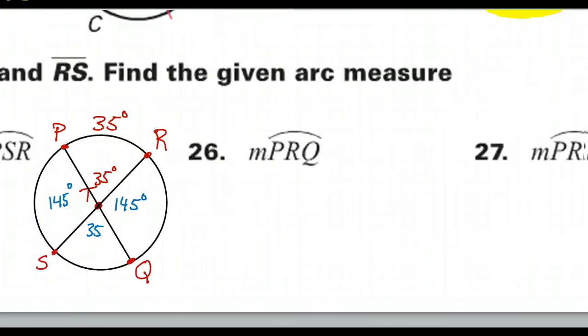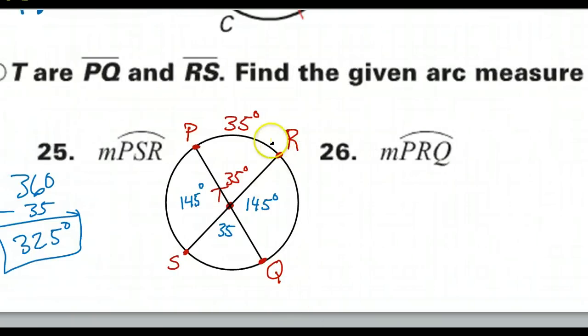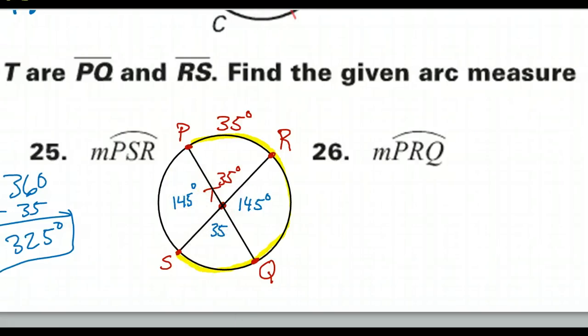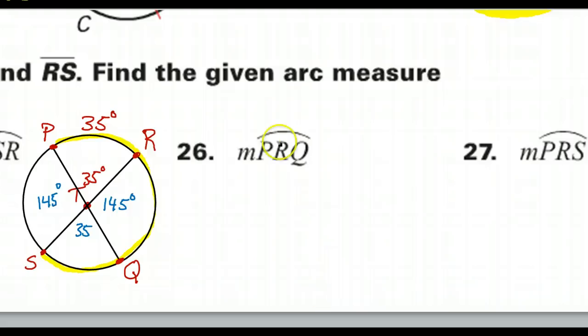So arc PRS goes from P through R and around to S. Just to switch things up, this time I'm going to add. Why not? So again, I could do 360 minus 145, and that would really be the quickest thing to do.